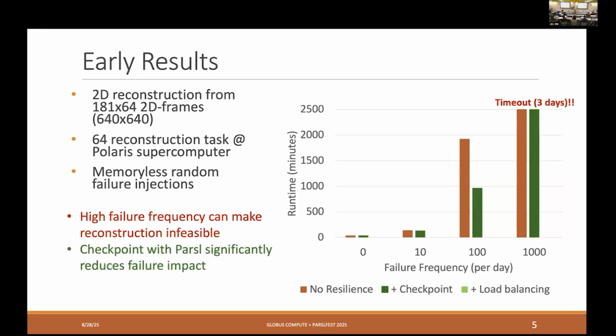But with our solution, we can significantly reduce the impact of failures, where, for example, with around 100 failures a day, we can reduce the execution time by half compared to no resiliency at all. And with our smart load balancing, where we rebalance the load between the new tasks and the surviving tasks, we can further reduce the reconstruction time and make it feasible under very high failure frequency.